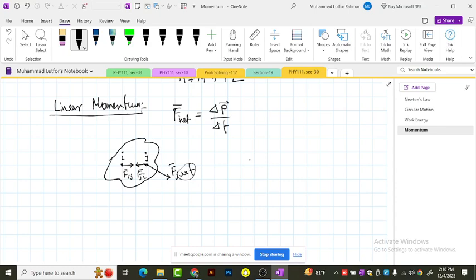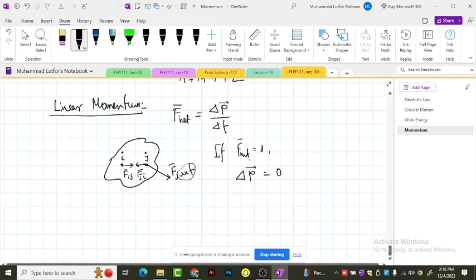Then the change in momentum of the system is going to be 0. So if the external force on that system is 0, I'll write down del P is equal to 0, which means the change of the momentum, right? We write final momentum minus initial momentum is equal to 0.